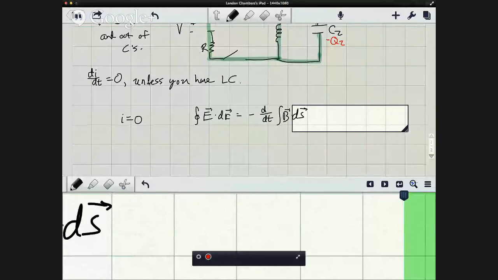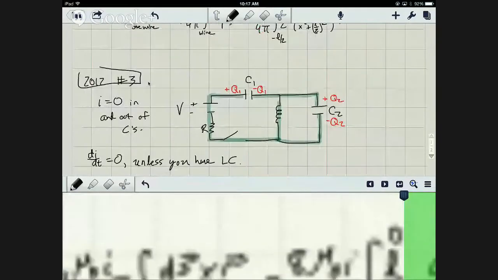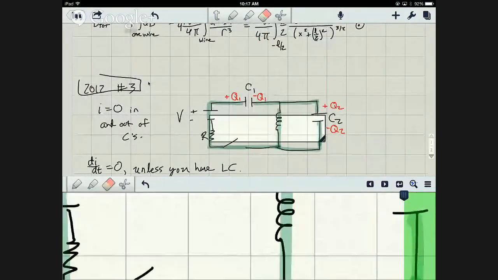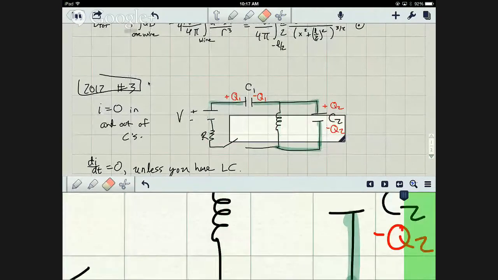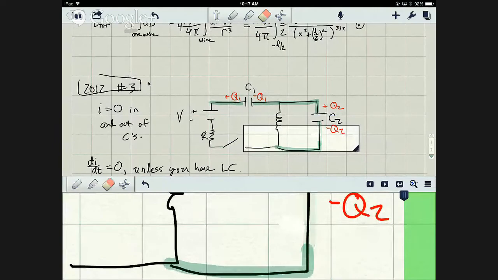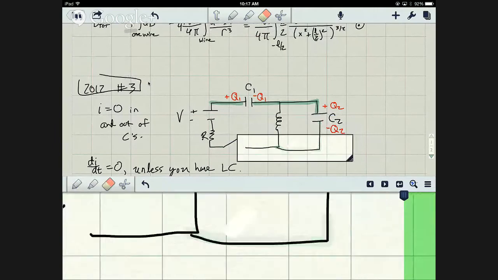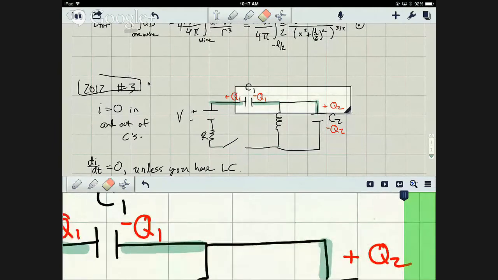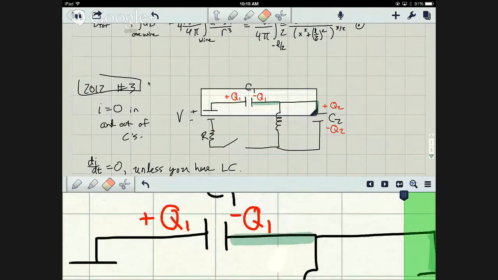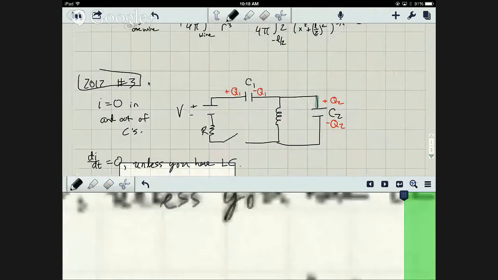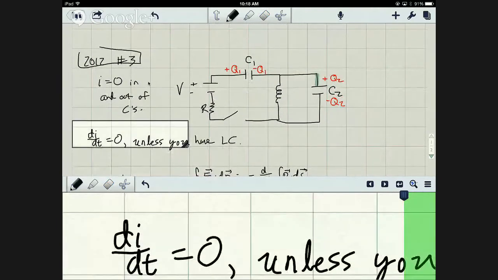Okay, let's go ahead and go back through this. So here's the circuit I have. Let me get rid of this part and this part. The main idea, while I'm erasing this, is that in the steady state, all the currents are 0, and all of the time derivatives of current are also 0, unless you have an LC circuit.